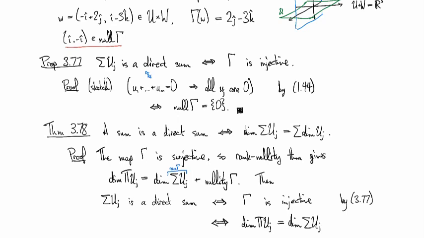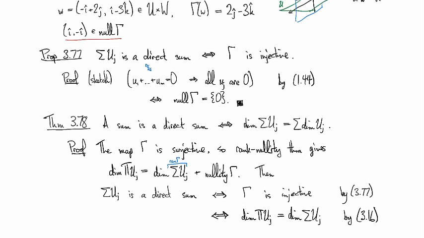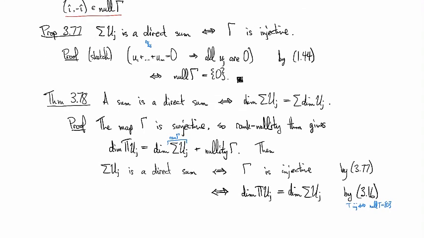And that follows by 3.16, which is the proposition that characterizes injectivity in terms of the dimension of the null space. So yeah, maybe I'll see if I can squeeze that in there. So that's 3.16.